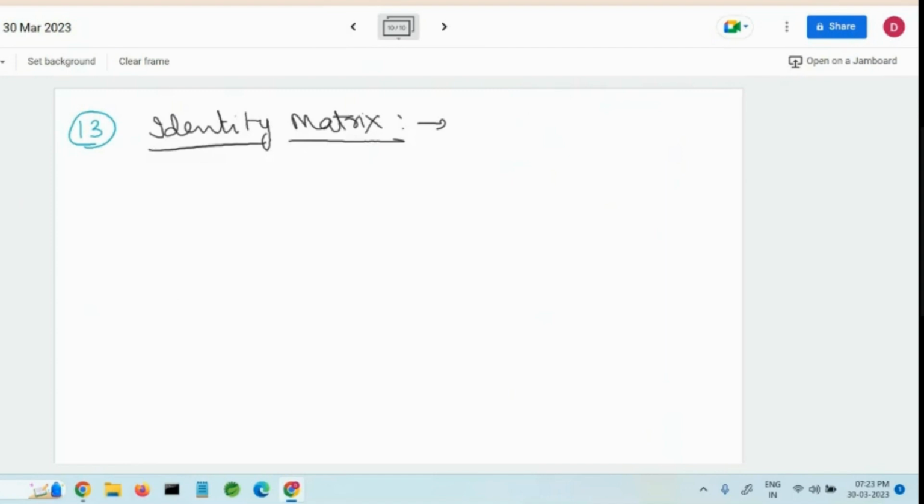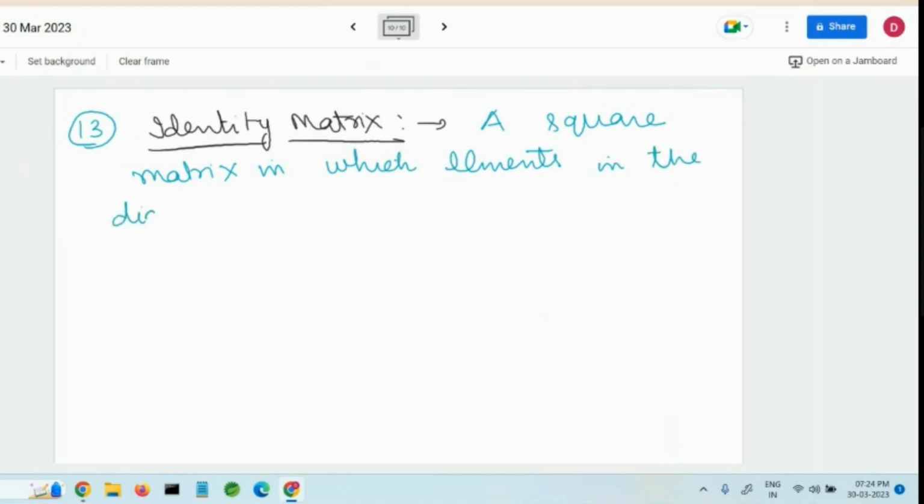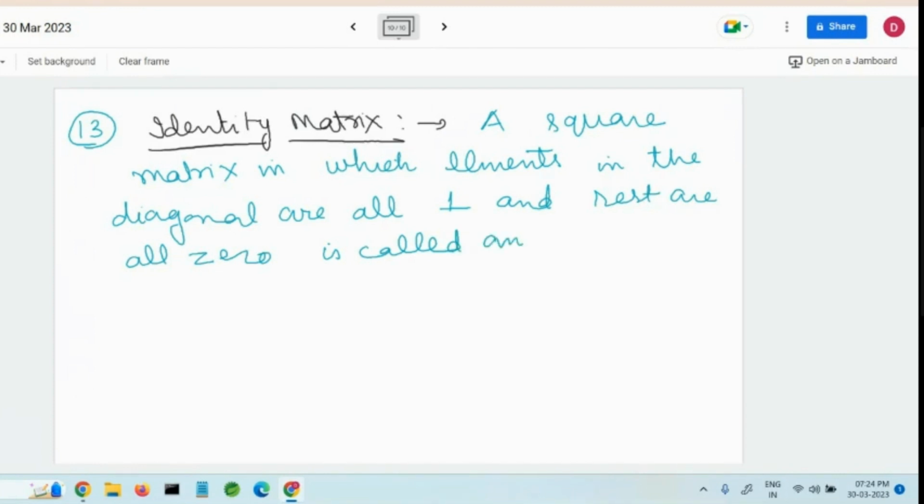An identity matrix is a square matrix in which the elements in the diagonal are all 1 and the rest are all 0.